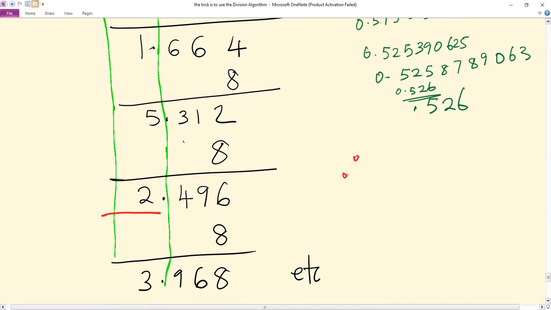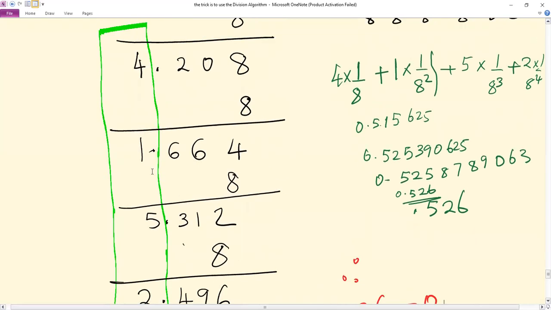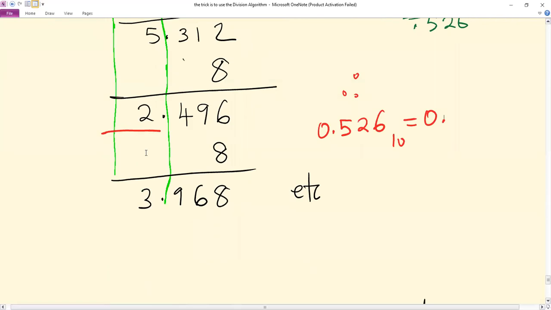So therefore, we say 0.526 to base 10 is the same as 0. Remember here, when we are taking these whole number parts, we take them from the beginning. It's not the reverse like what we did when we don't have a decimal number. So we have 4152 to base 8.